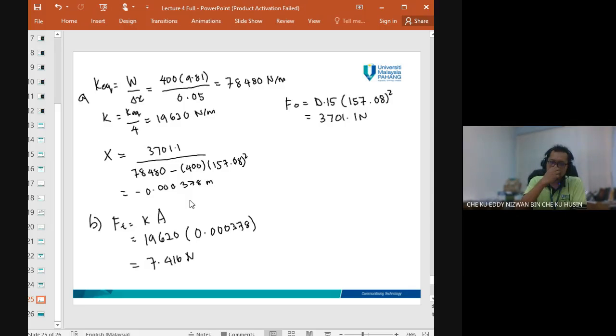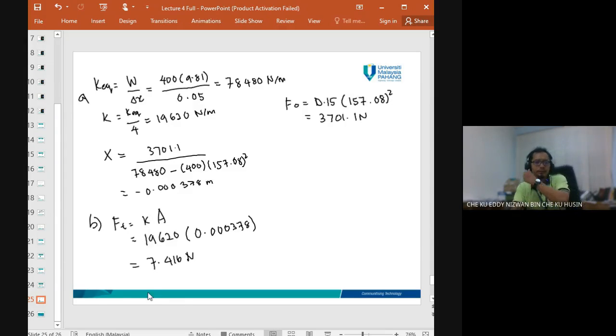Okay, and then question B asks to find the force transmitted at each supported spring. We consider that each spring has the same deflection. So for this case, instead of K equivalent, you must use K, the stiffness of one spring, times the amplitude.